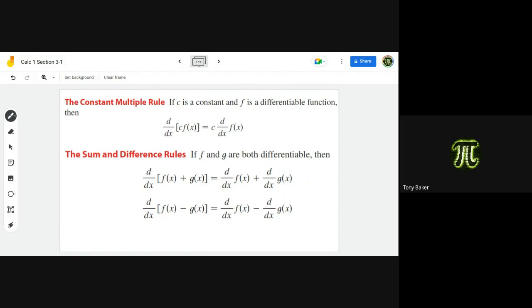But again, we have to state them because they're not always true. We can't just split up any arithmetic operation. You can't split up multiplication and division. We can only do the addition and subtraction. So they have to be stated. But these are ones that you typically are not going to write out. You're just going to do them along with the power rule.